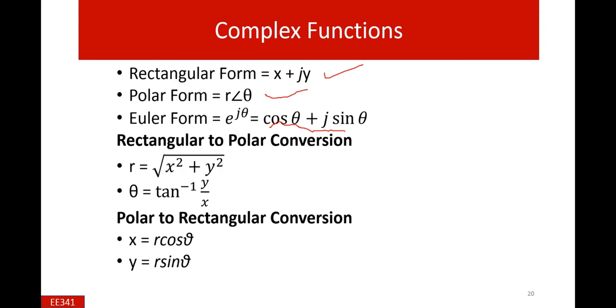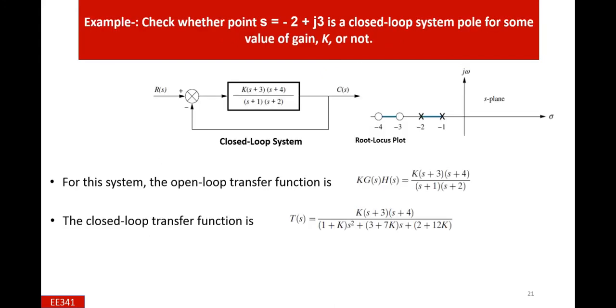If we want to convert from rectangular to polar, this is the way to convert, and similarly vice versa. So these are some fundamentals of manipulating complex numbers, and they will be helpful to find the values of complex functions and to understand the simple concepts related to them.